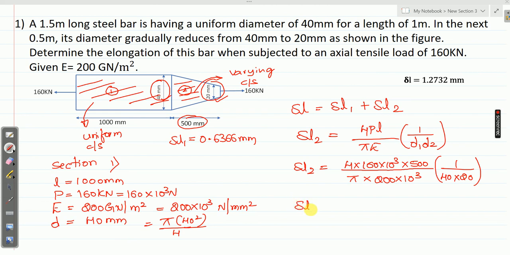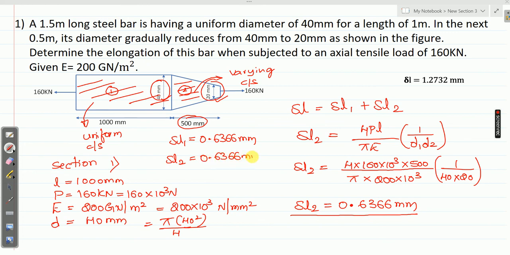If you simplify this equation, delta L2 equals 0.6366 millimeter. This is the elongation for the second section. Let me write it here, delta L2 equals 0.6366 millimeters.